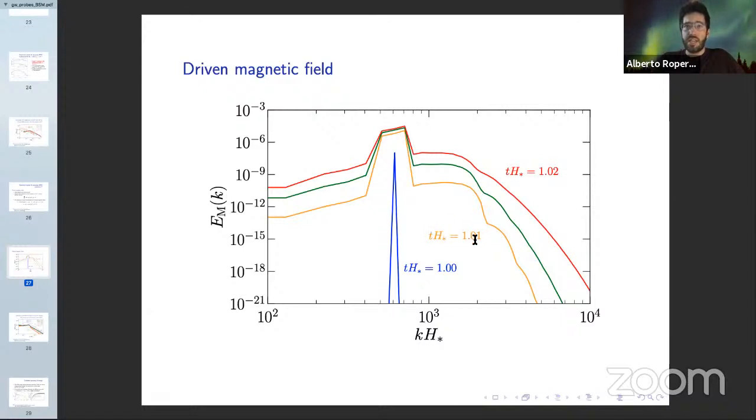So, for example, in this case, after 1%, we switch off the forcing term, and we see that it still develops this approximately. This is not Kolmogorov; it's a little bit steeper than Kolmogorov. We still have some remnants of this spike on the energy scale of the magnetic field.